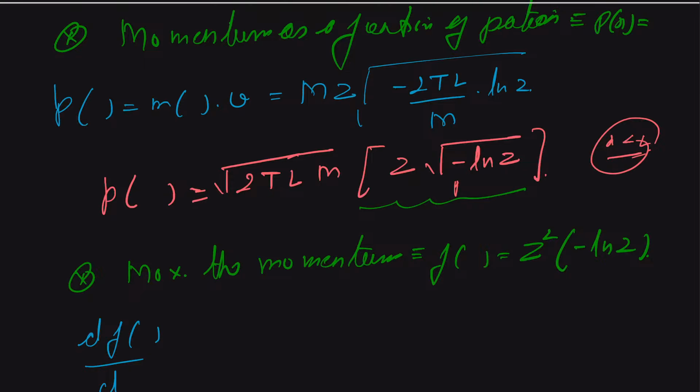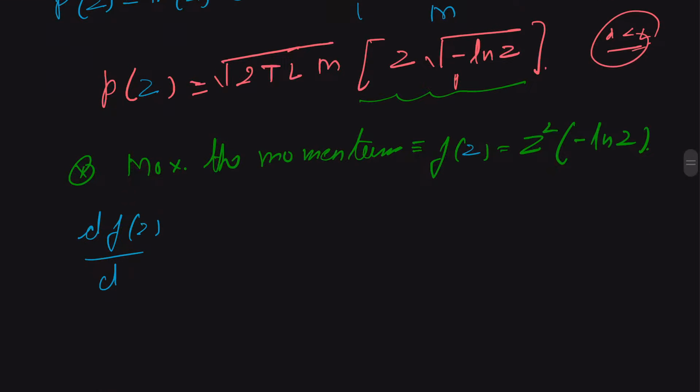So this is our z, z, z as well, and this is also z, and we get this as 2z minus natural log of z, which will be equal to 0, and minus z is equal to 0.